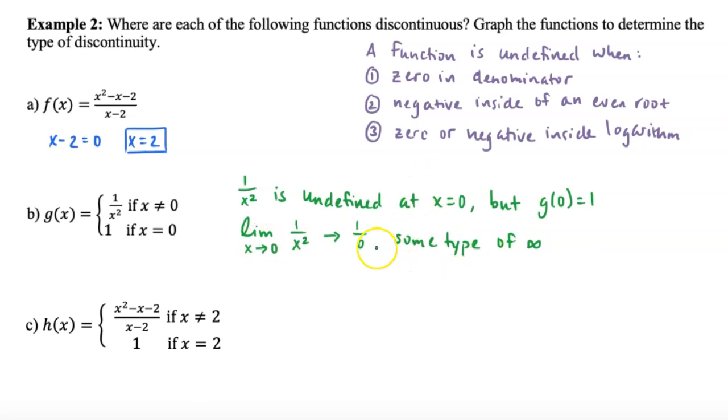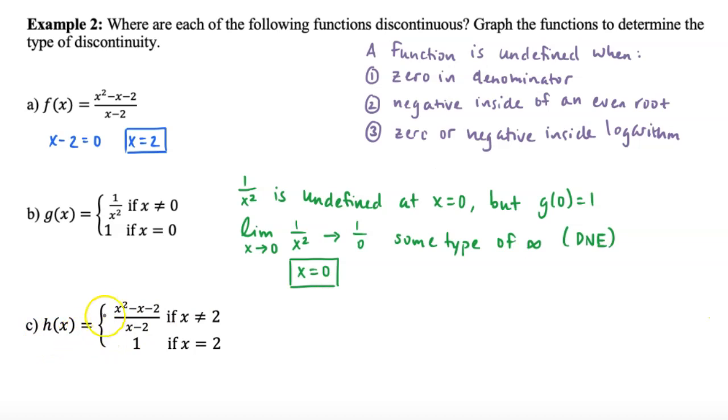And so if our limit does not exist, then we're breaking rule number 2. And so we have a discontinuity at x equals 0 because the limit at x equals 0 does not exist. So our discontinuity will occur at x equals 0.